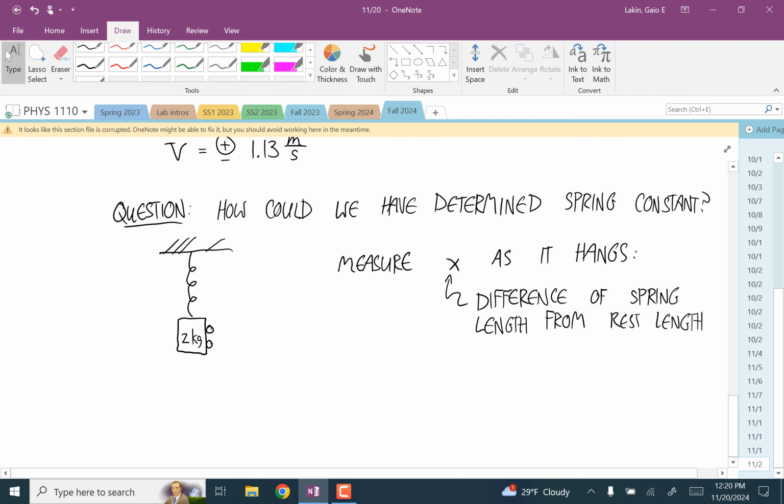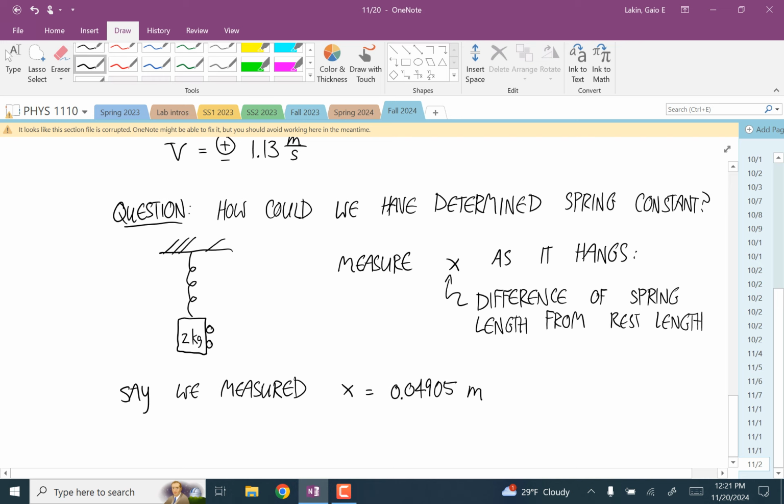Okay, so I'm going to just figure out some numbers that make this work. Say that we did this calculation and we measured that X is equal to 0.04905 meters.